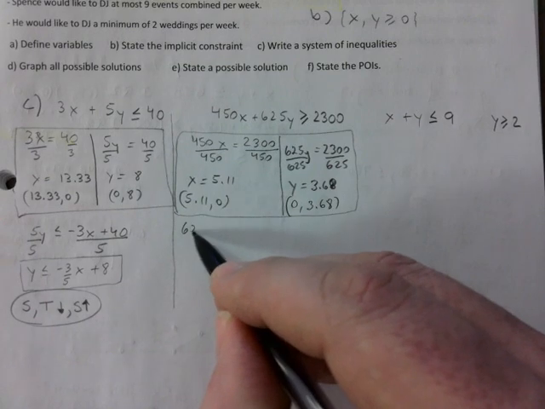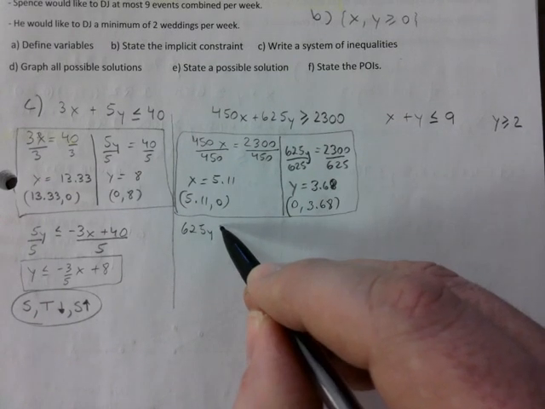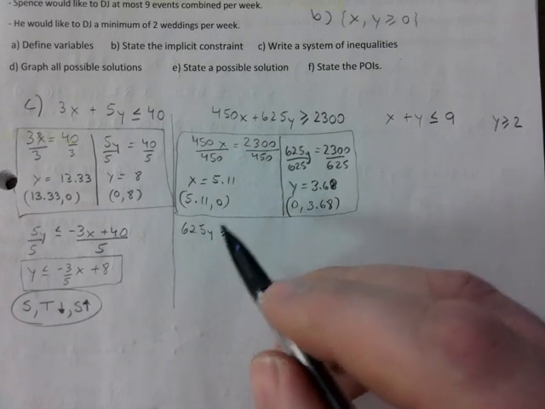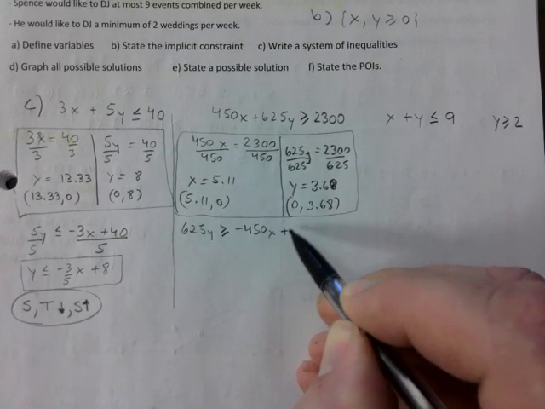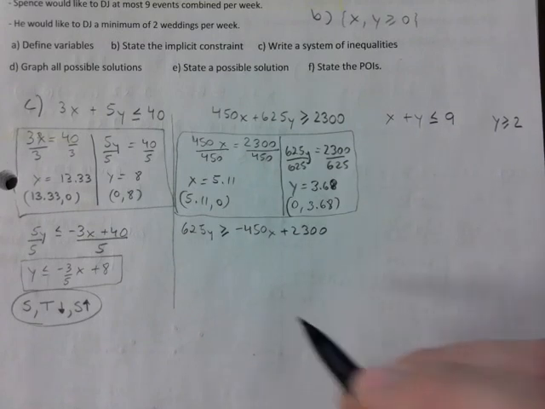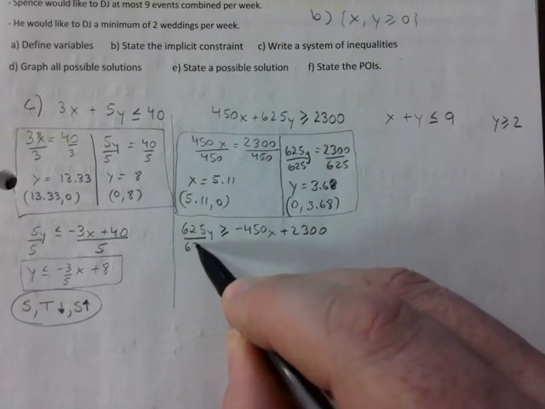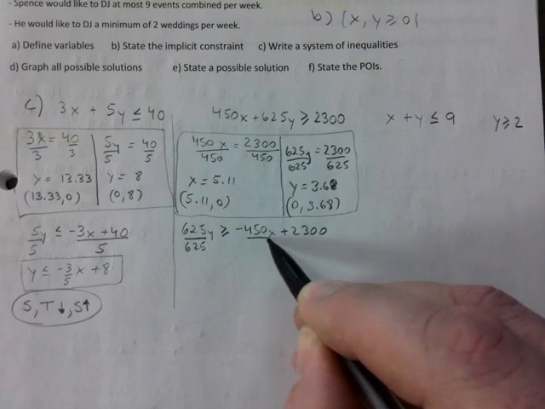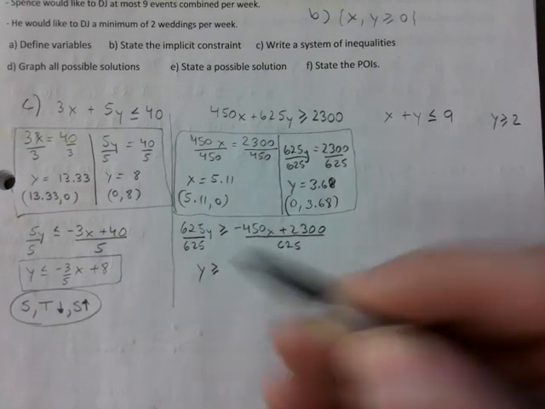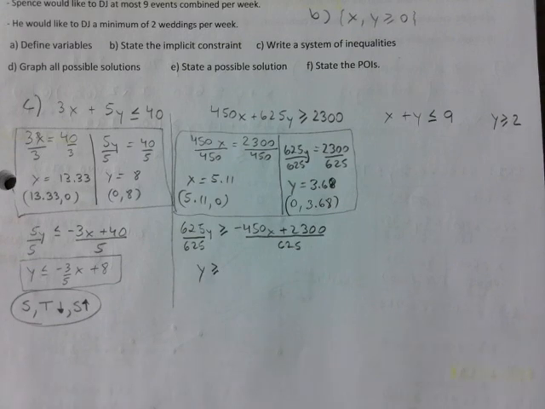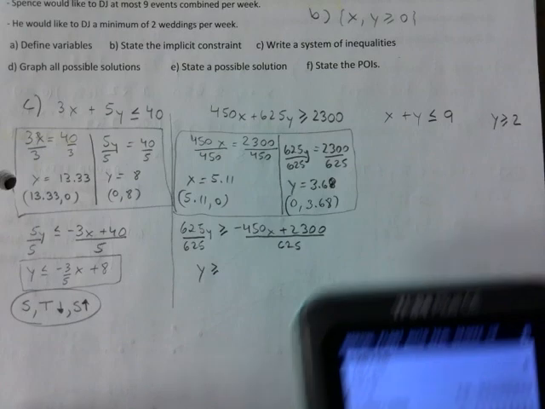Let's rewrite 625y is greater than or equal to, right? Remember that. Divide both sides by 625. And with word problems, there's never a negative y that I can think of, so you don't have to worry about flipping the inequality. That's when you have the non-contextual questions.